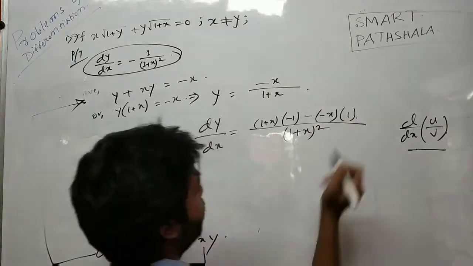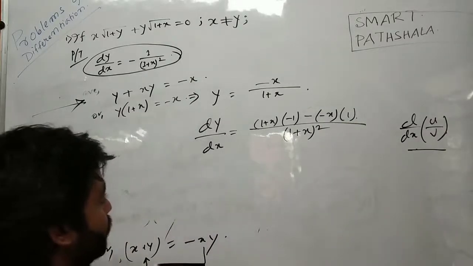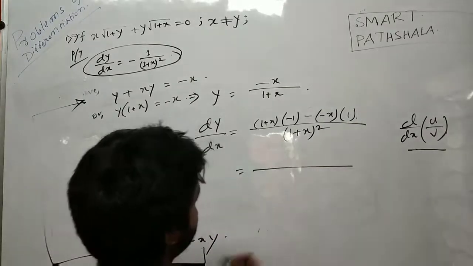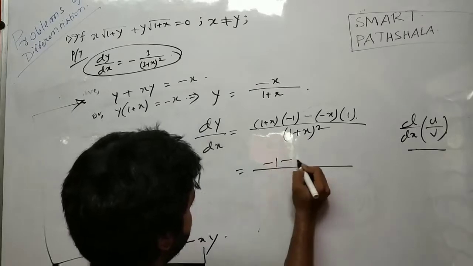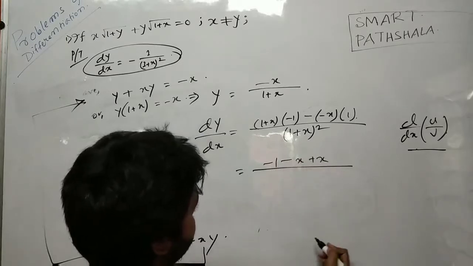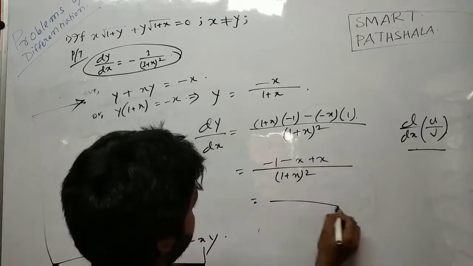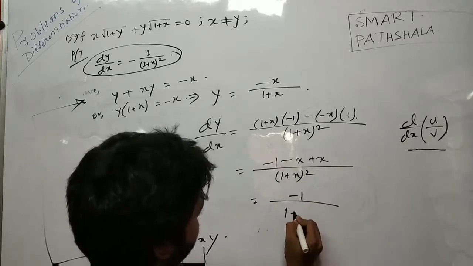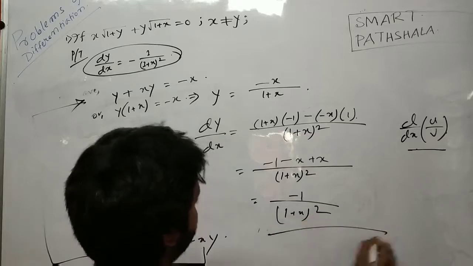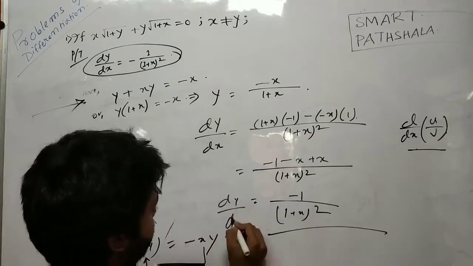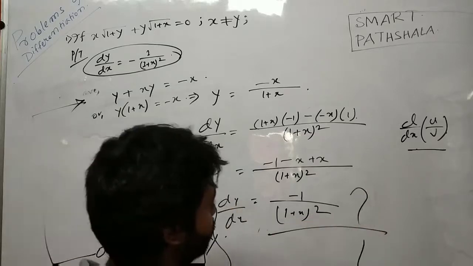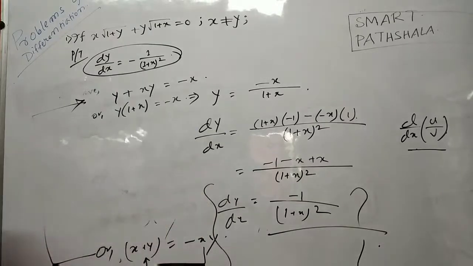So what you have is 1, right? Perfect. Now expand this. You will have minus 1 minus x plus x, right? So what you have is (1 plus x) whole square, and hence this will give you the required result, right? So this is what you need to prove, right?